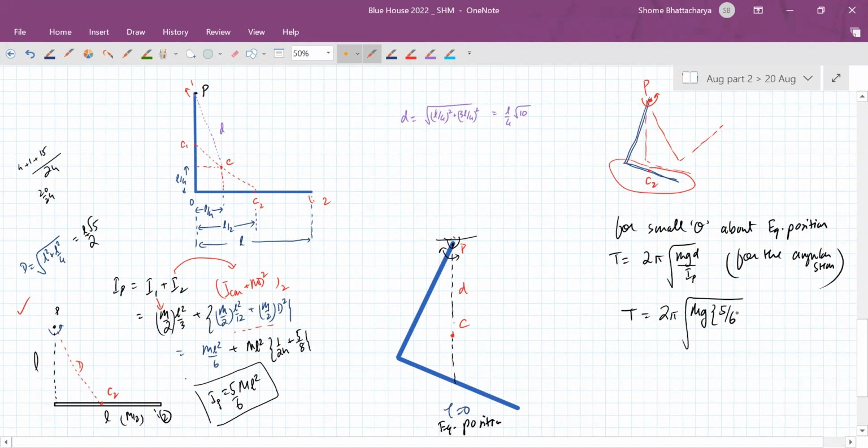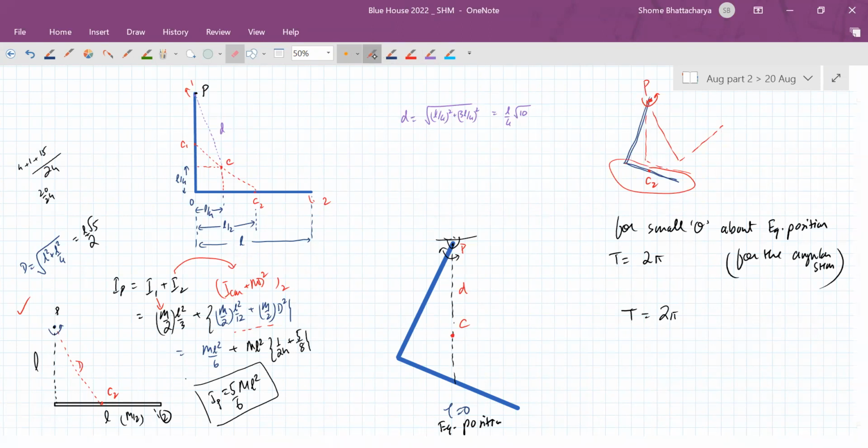Dimensionally, that is okay. L by 4. This value here, and sorry, I have written the formula inverted. It should be IP divided by MGT. Omega square, for the angular harmonic motion, is MGT divided by IP.